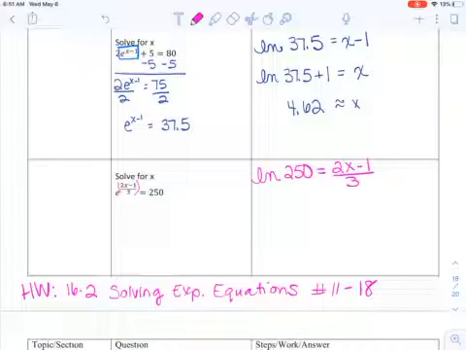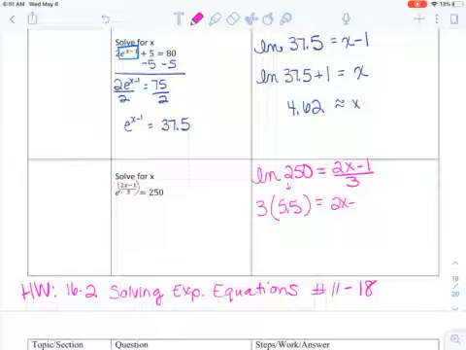So I can plug in, and just because there's so much in here, it will probably be easier for you to see me do it. I did this while I was working on my calculator. So I plug in the natural log of 250. To get x by itself over here, I'm going to multiply by 3. So this number is about 5.5-ish. I multiply that by 3.